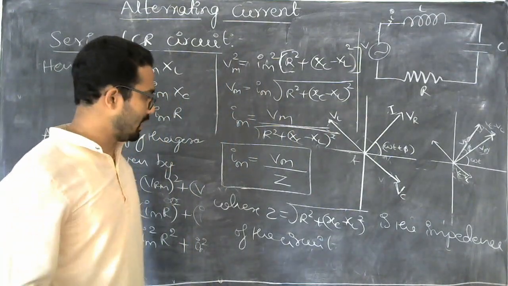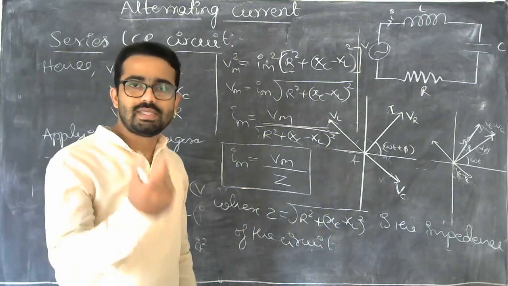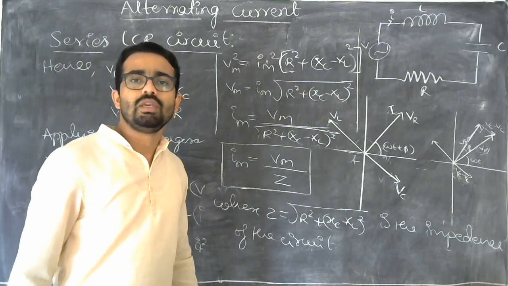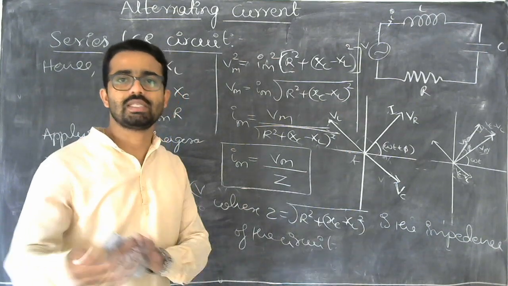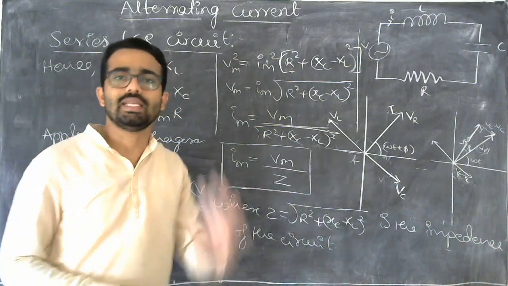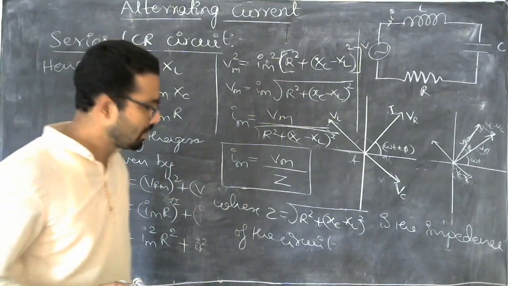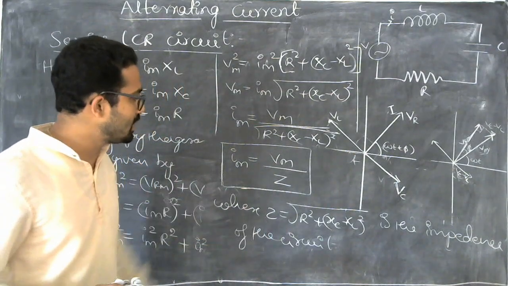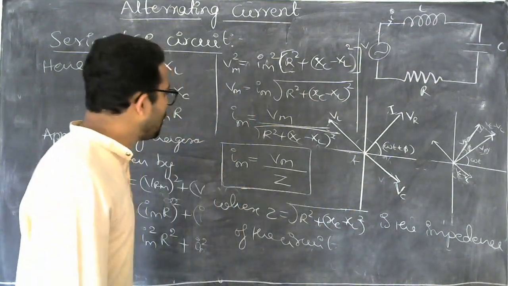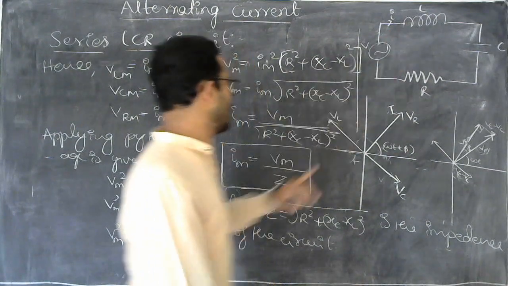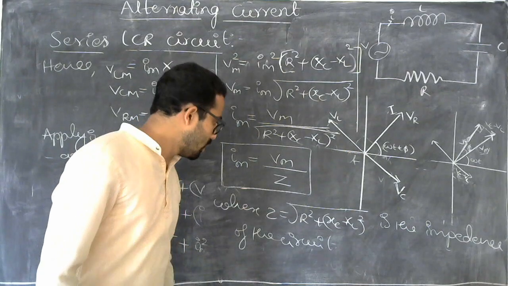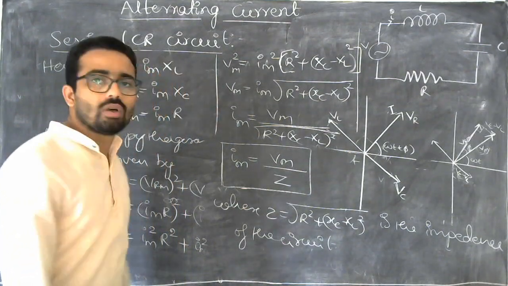Impedance is nothing but resistance. The term resistance is used in DC, but when we come to AC, we use impedance. So impedance and resistance are one and the same, just terminology used in AC and DC. So the impedance is given by the square root of R square plus (Xc minus XL) whole square, and the peak value of current in the circuit is given by Vm divided by Z.